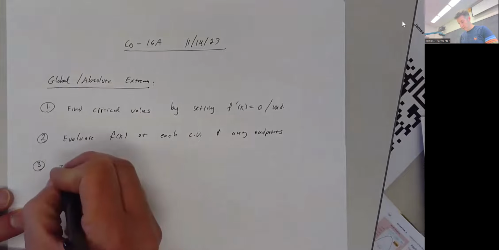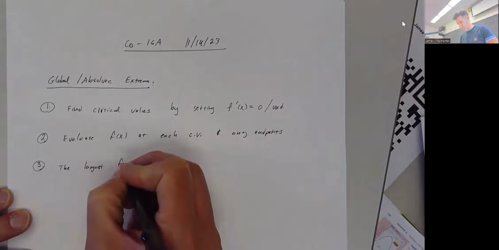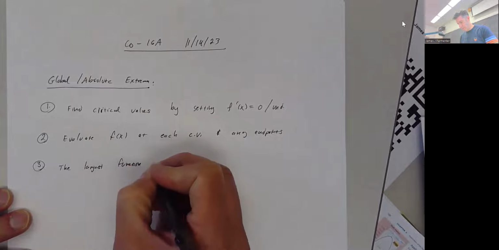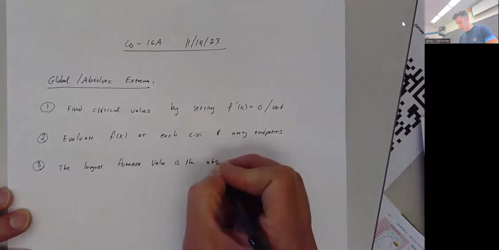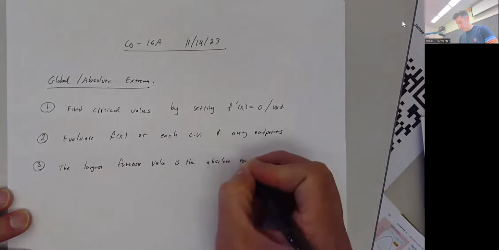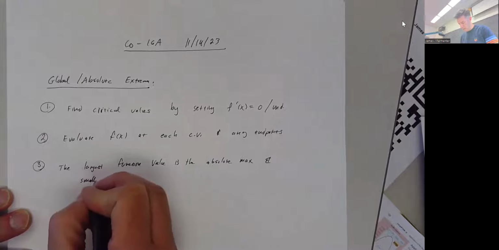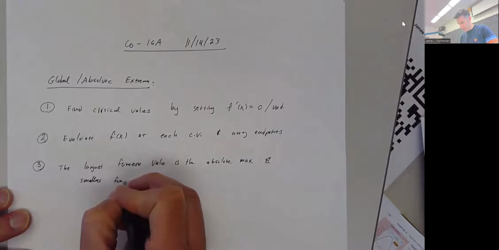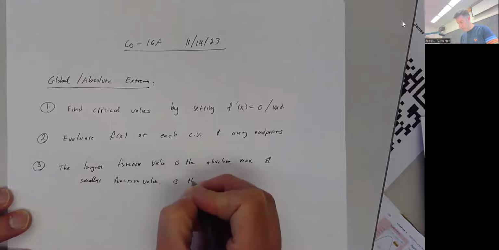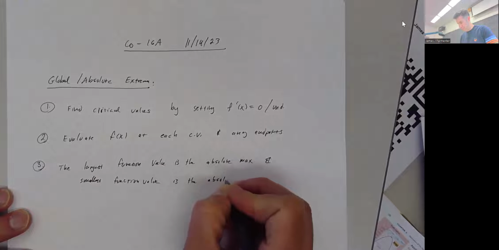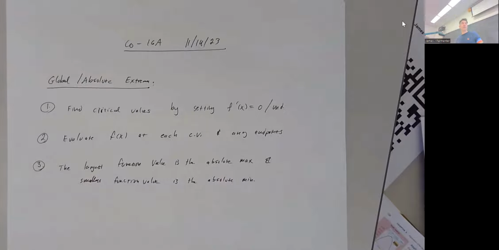So the largest function value is the absolute or global maximum. And likewise, the smallest function value is the absolute minimum. That's our process, and it's always the same.